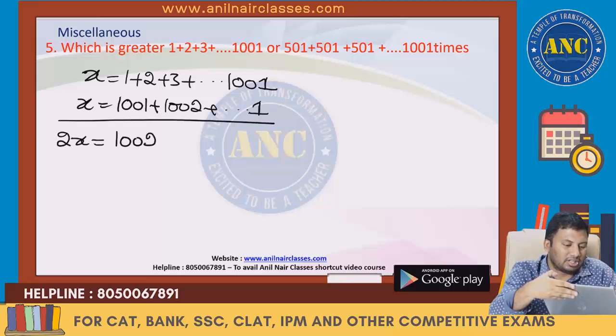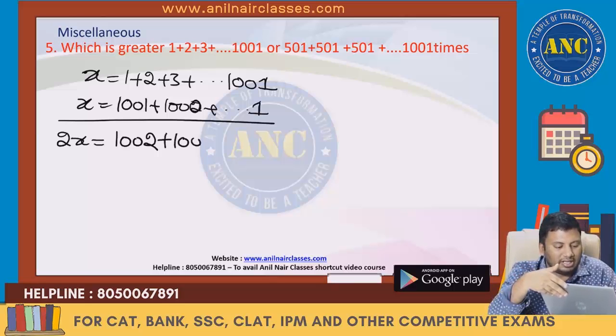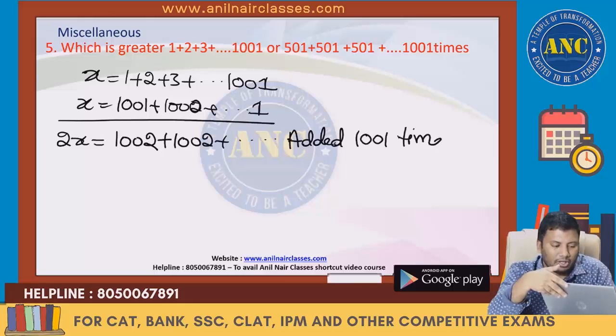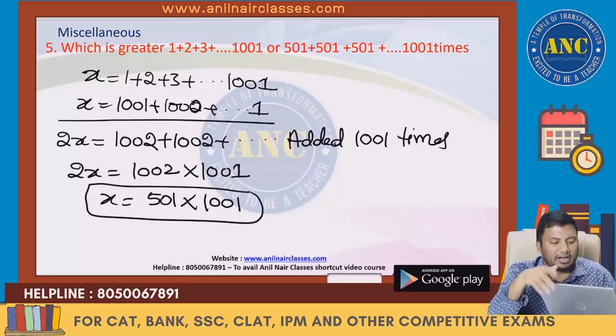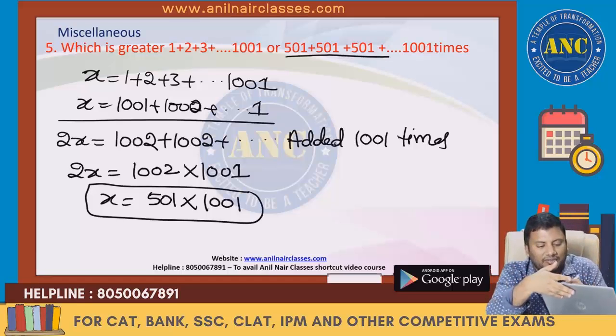So it is 1002, again 1002, 1002 added 1001 times. It is 1002 into 1001. So x is nothing but 501 into 1001, which is 501 added 1001 times.